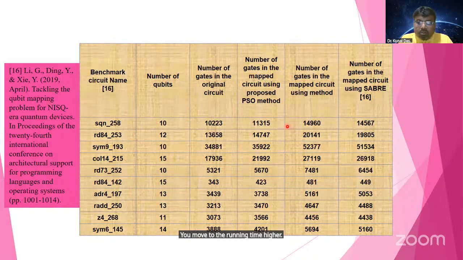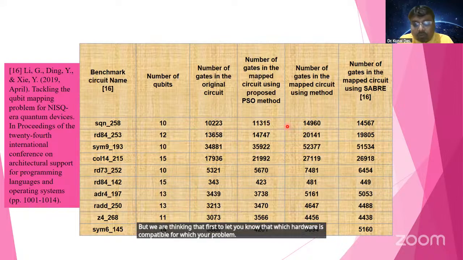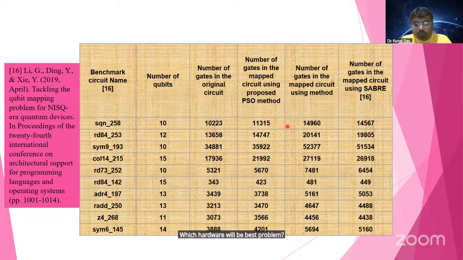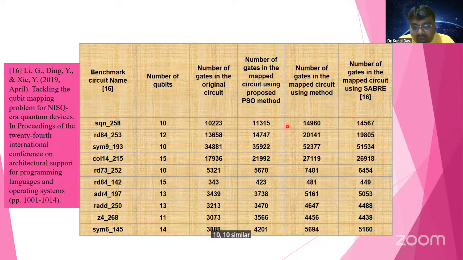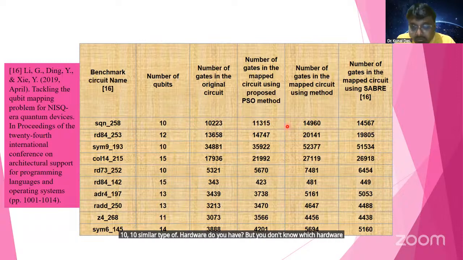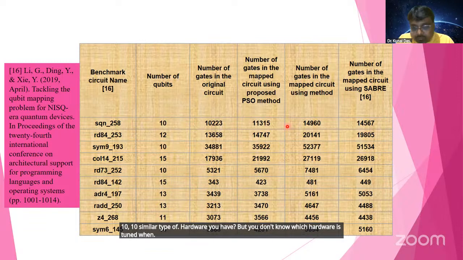So there are many challenges coming, but we are thinking first to let you know which hardware is compatible with which problem, and which hardware will be best for your problem. In the future you may have 10 choices, 10 similar types of hardware, but you don't know which hardware was tuned and calibrated when.